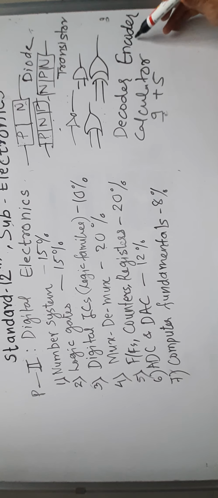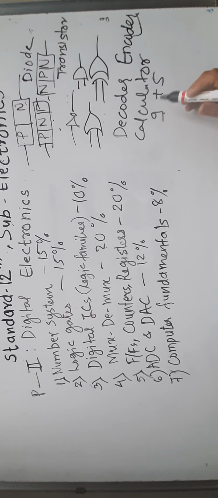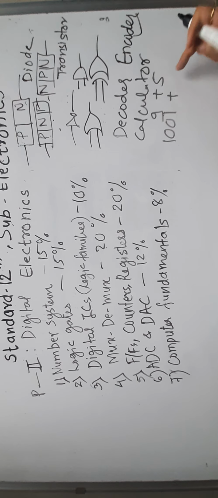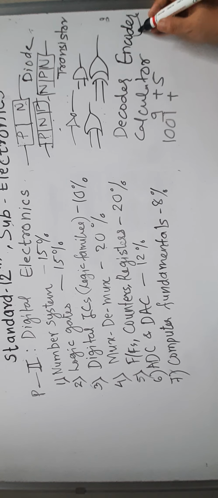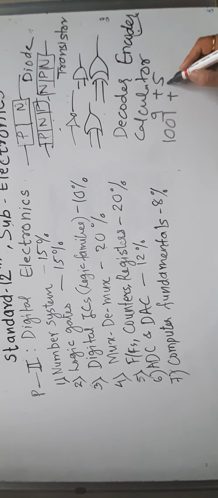There is an encoder circuit which converts this 9 into binary form, that is, 0 and 1 form. The number 9 will be converted into 1001, so the digital circuit understands that 9 is pressed. Then plus, and when the user presses the key 5, the encoder circuit converts this 5 into 0101.